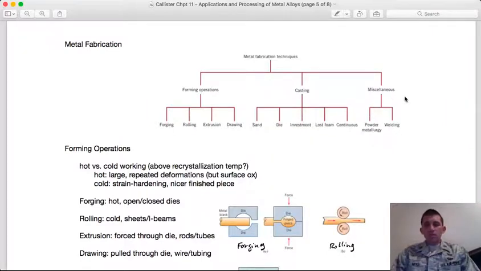And then also you have this kind of emerging miscellaneous category here. Welding is a form of metal fabrication, generally to assemble multiple parts, although you could put 3D metal printing also in this category here. Essentially, you're welding the entire part in that case. And powder metallurgy is used for refractory metals, as we'll see here, for metals that it's hard to get them hot enough to melt.